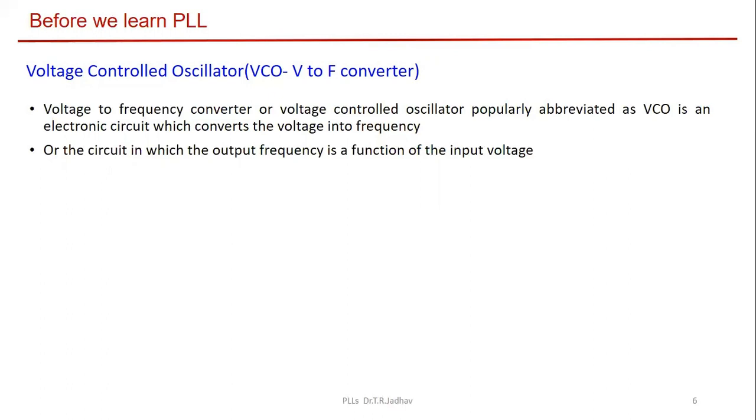One oscillator we have studied in our course in the comparators is the square wave generator. There we have studied that output frequency is a function of feedback resistance and the capacitor in the circuit.